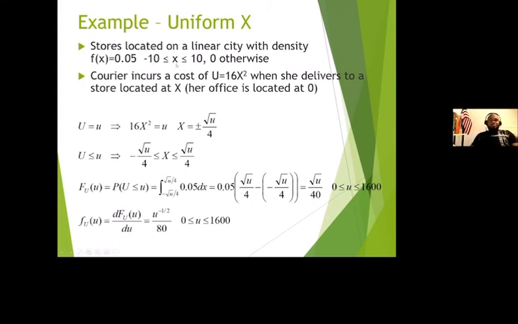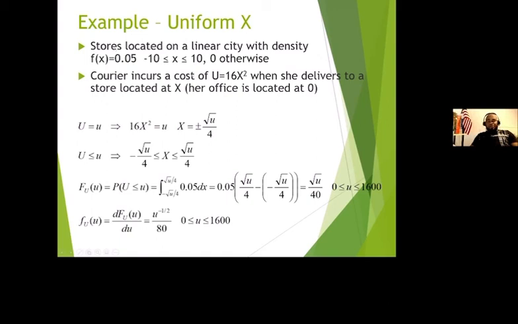But you know what? This is f of s. Now we have a cost, a cost of u equal to 16x squared. When you take a look at this, we got a new variable u, and it's a function of x. And don't forget, the original probability distribution for a random variable x is uniform.